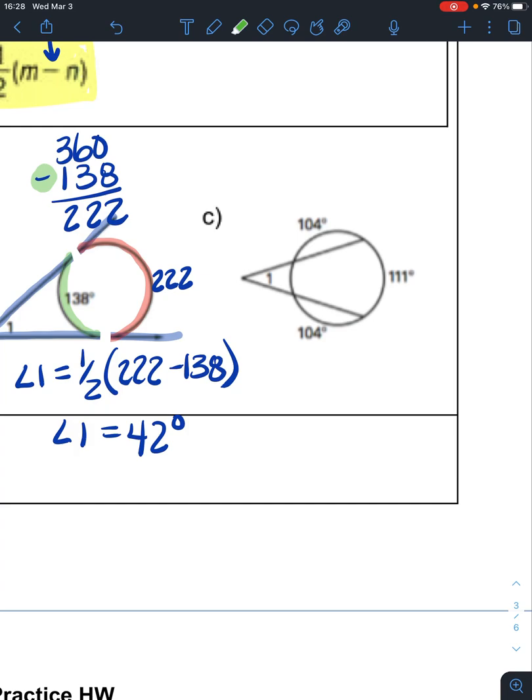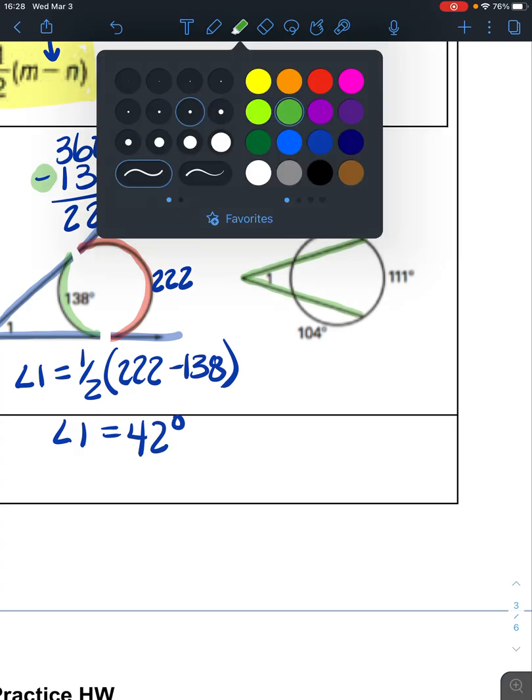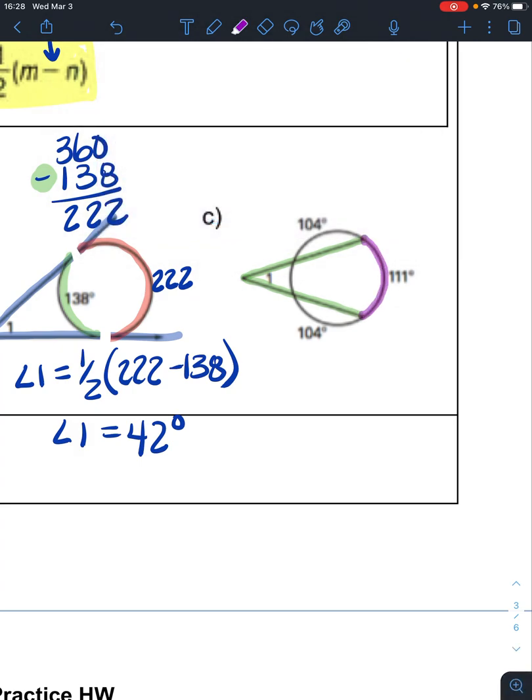Okay, same thing, this is going to be similar. We run into the same issue here. Look, I've got angle 1. So to do angle 1, I need this arc, and I need this arc. The problem is I don't have that inside small arc, but I do have 3 of the 4 pieces. So I can take 104 plus 104 plus 111. That's 319.